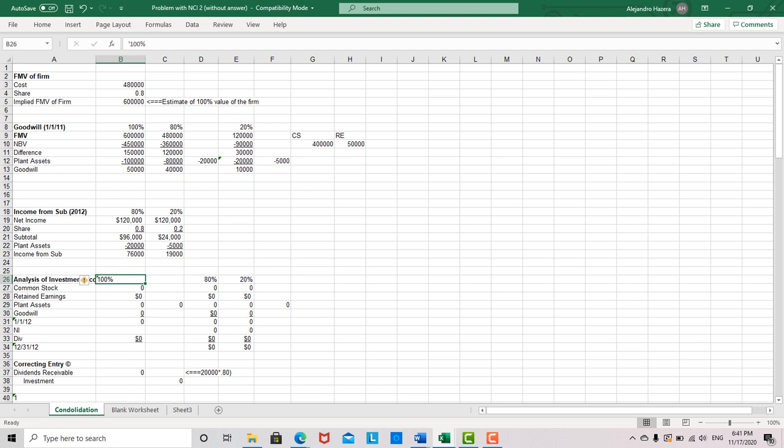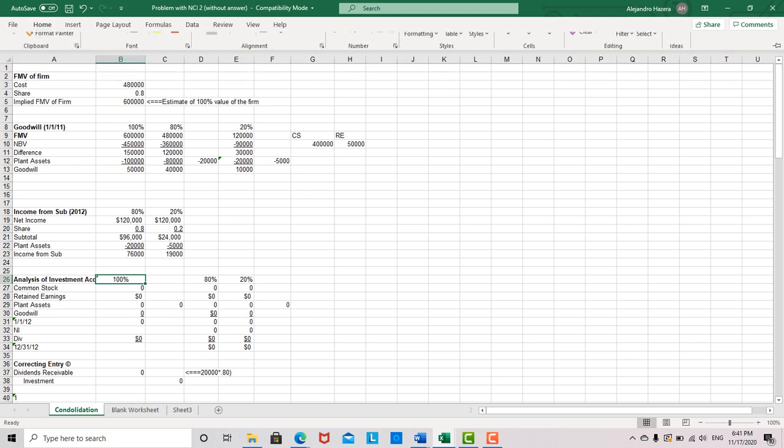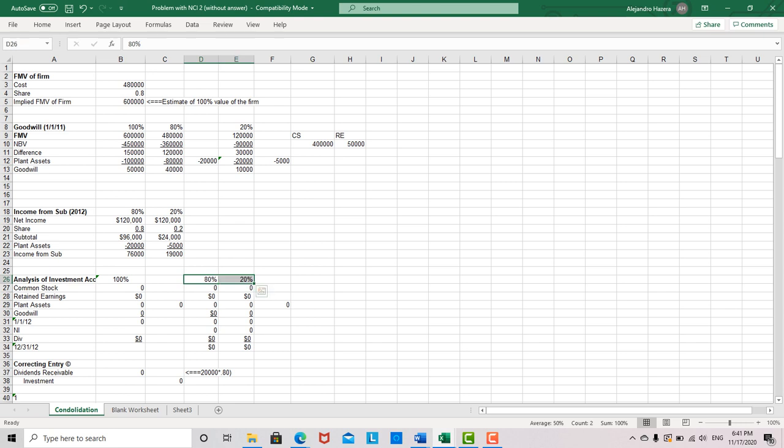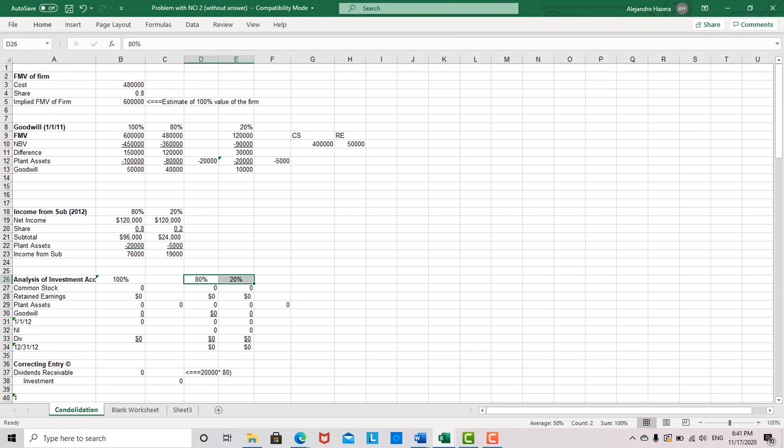Okay, so let's say that this is the 100% column, and these two are the columns for the 80 and 20%. So we'll split them later. The 100% column is going to be common stock of 400,000.